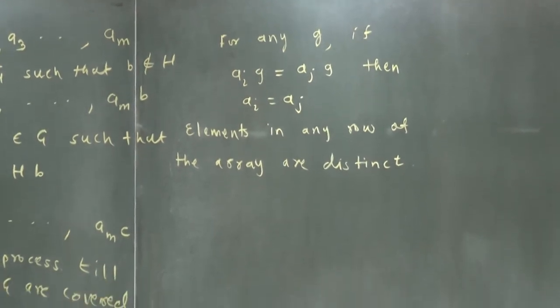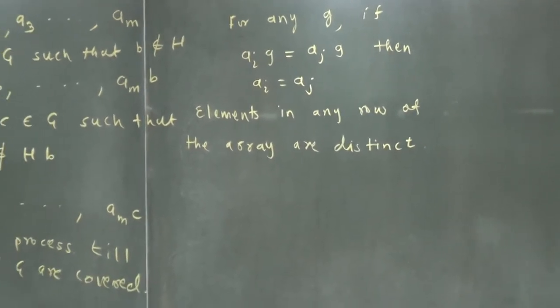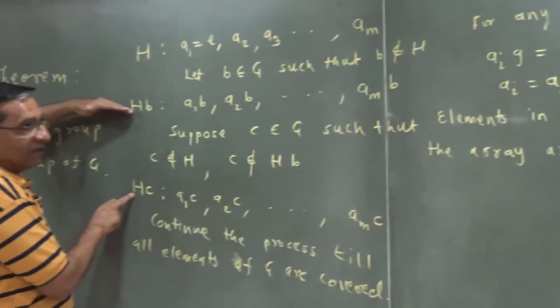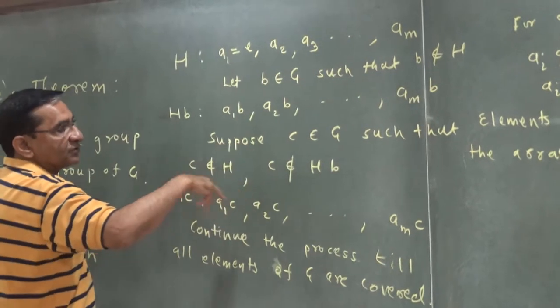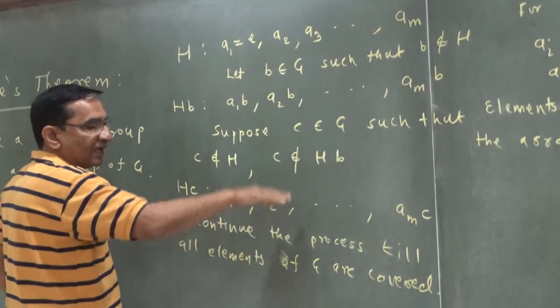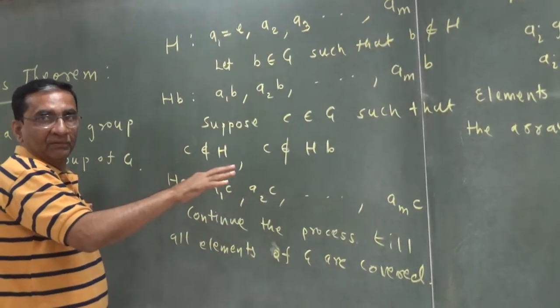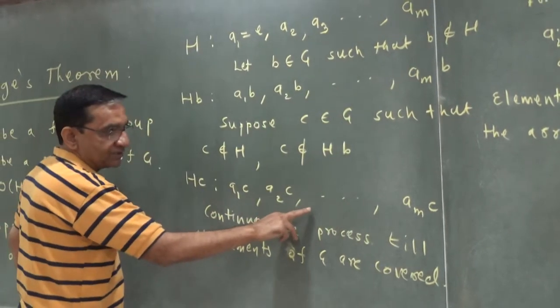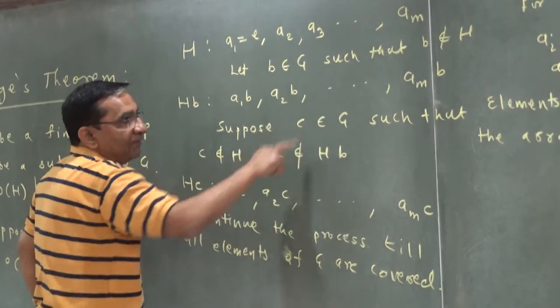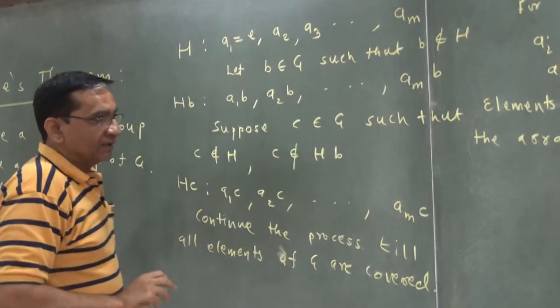Now, if I take this row in the array and this other row in the array, I want to show that elements are not repeating. Okay, so any two rows have no element in common. Okay, so suppose I take some AIB and AJC, then these two elements cannot be equal. Okay, why?